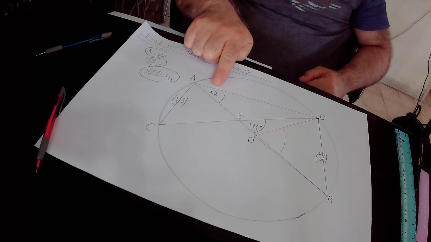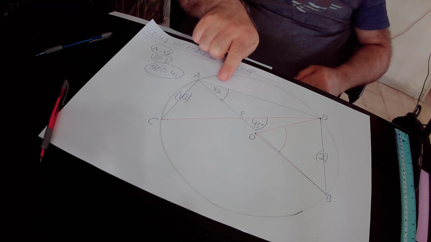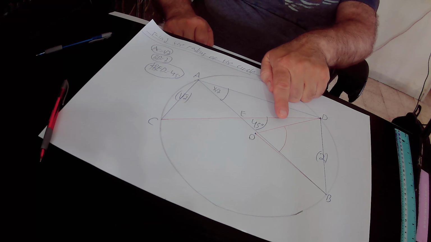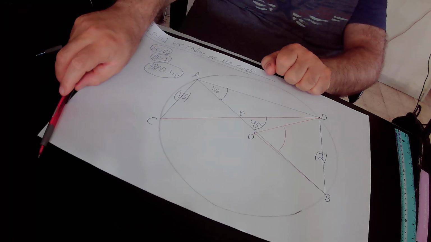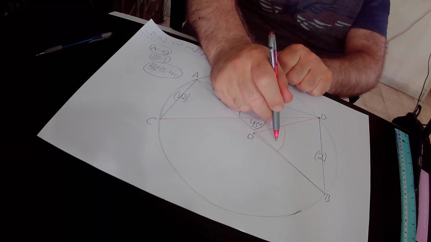The size of this peripheral angle DAB is x over 2, and therefore the size of the central angle DOB that is subtended on the same chord DB must be equal to x over 2 times 2, that is x, according to rule 13.